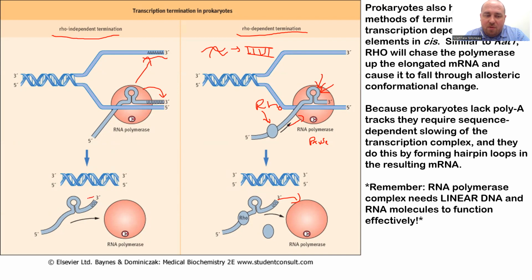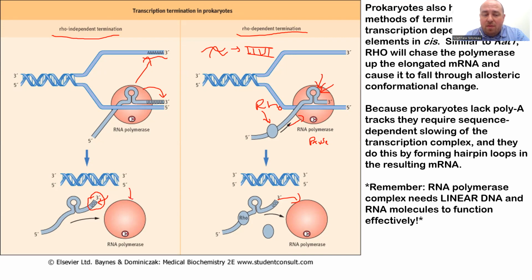And as I mentioned before, there's no poly-A tails in prokaryotes. So when it reaches this, it actually terminates transcription in the beginning stages of that. So what you're left with is only a very small segment of that polypyrimidine tract in the non-coding region of the mRNA.